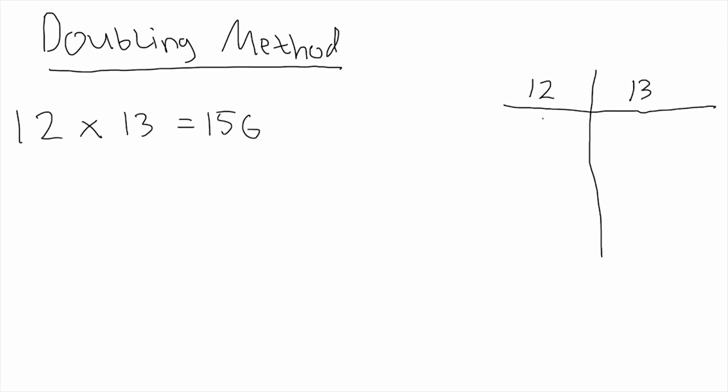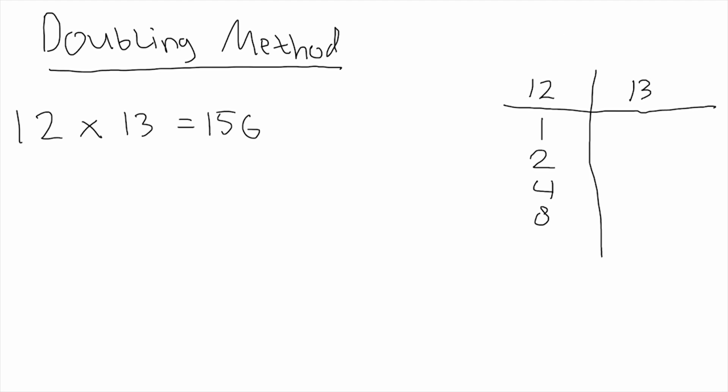The method is, first in the left column we write 1, and then we double it, like the name doubling method. 1 doubled is 2, then double again is 4, 8, 16, and so on. But we only use the numbers in the left column that are not greater than 12, so we can delete the 16.